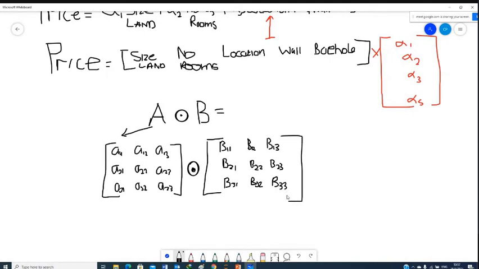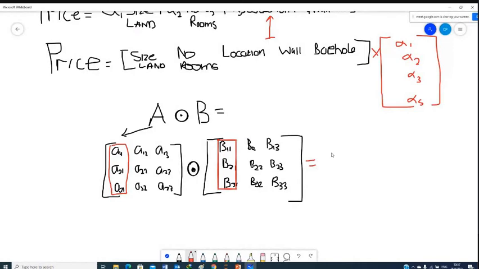So for the dot product of a matrix, you do it column-wise. Like this, right?